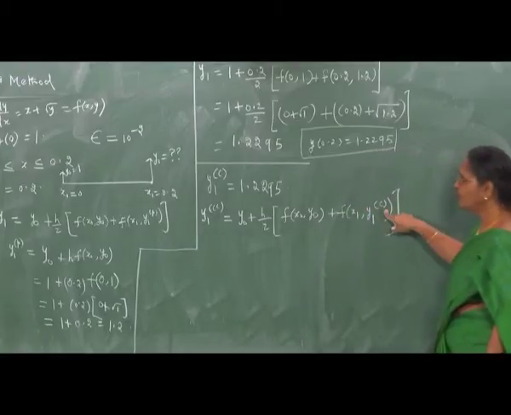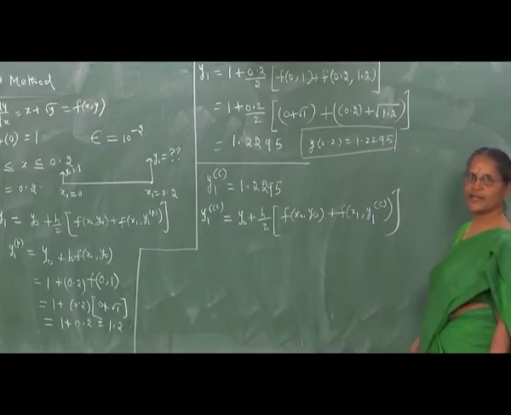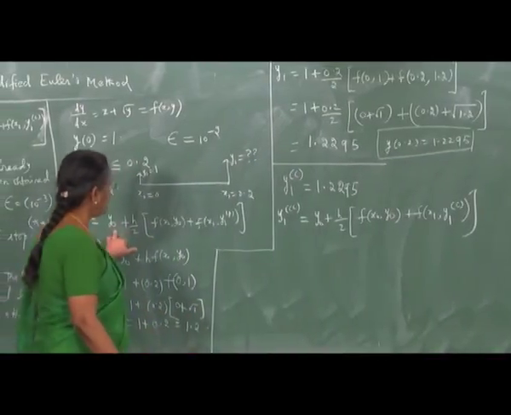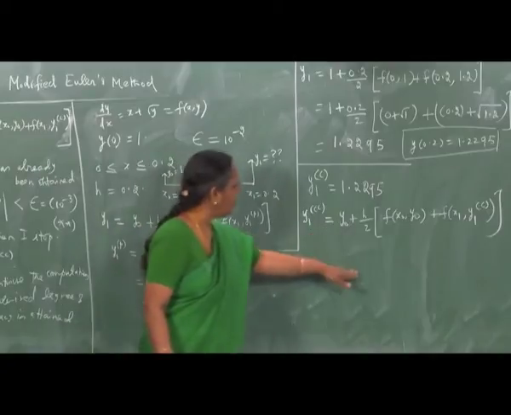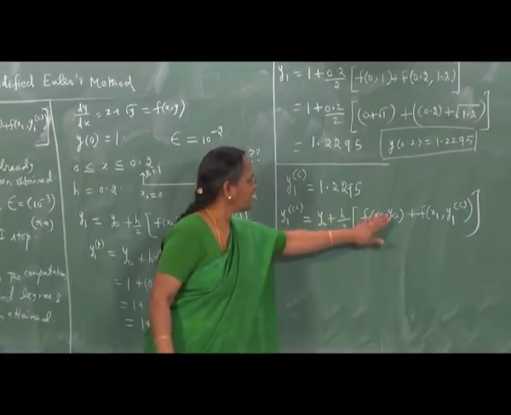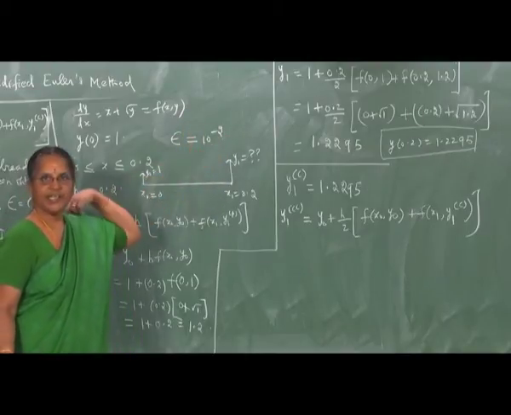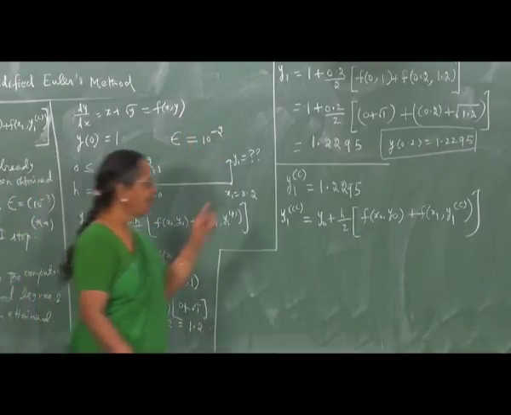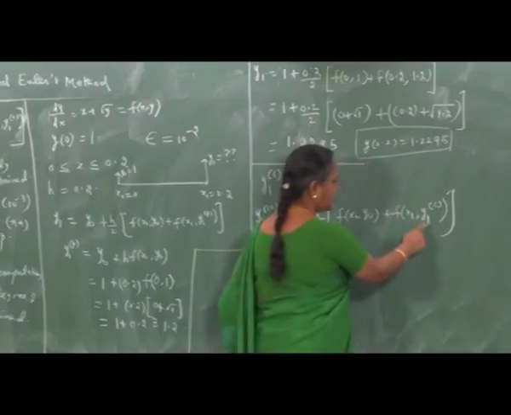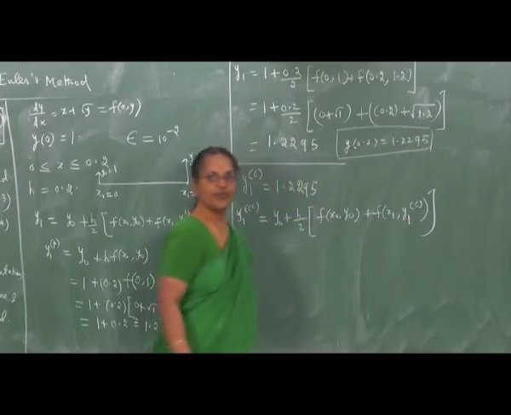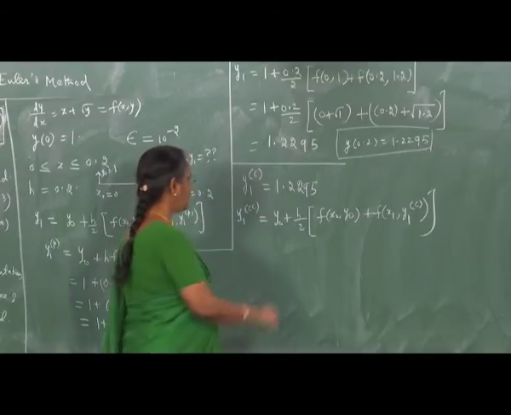So, you need to use the first corrected value here, and you observe that these terms remain as they are, y naught plus h by 2, f of x naught y naught, they appear also in your earlier computation. They remain as they are. The only change that occurs is here, where instead of y1 predicted value, you should use y1 corrected value.